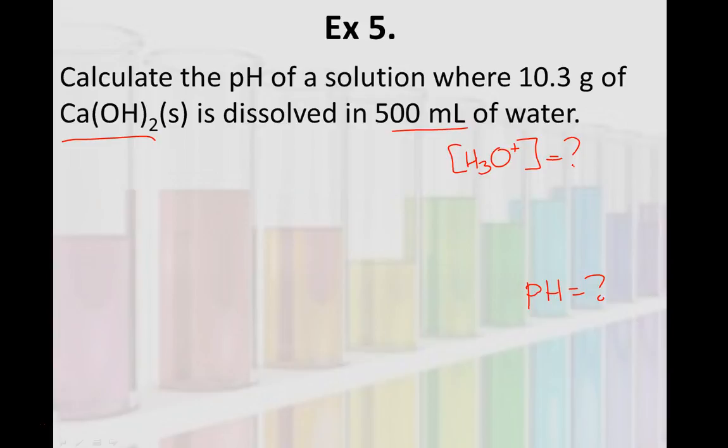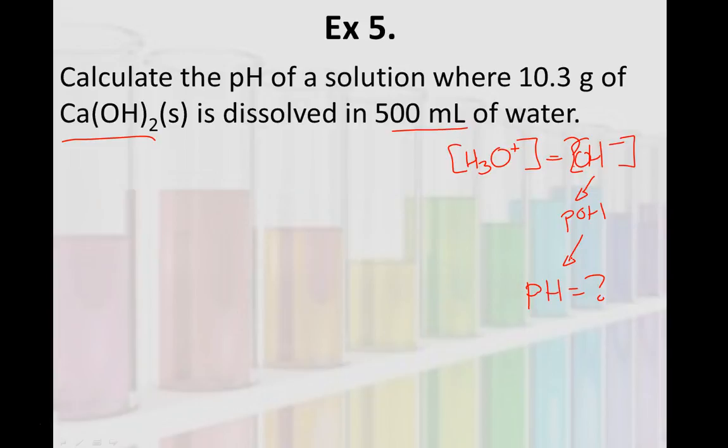So I don't really need this, because I can figure out this, and then go to pOH, and then go to here. Okay, but regardless of which way we go, I still need what?